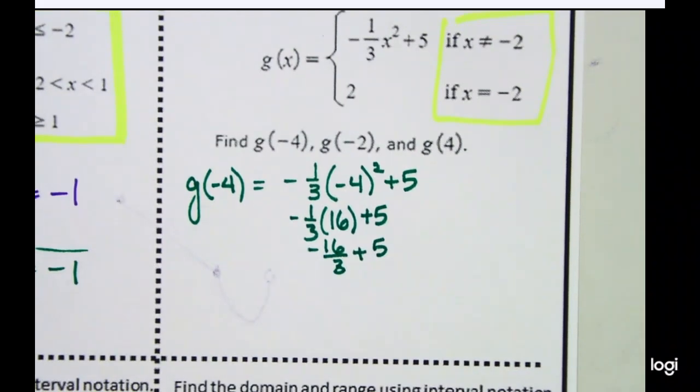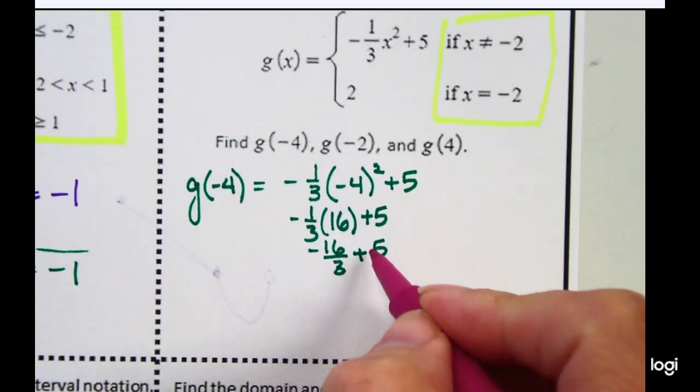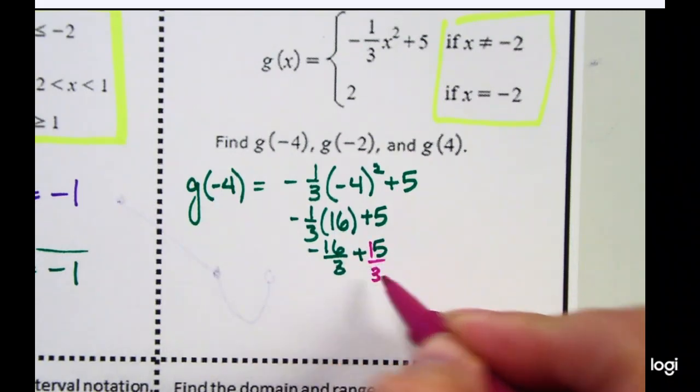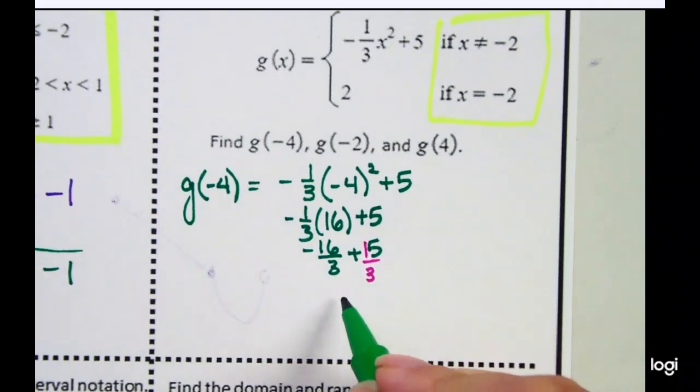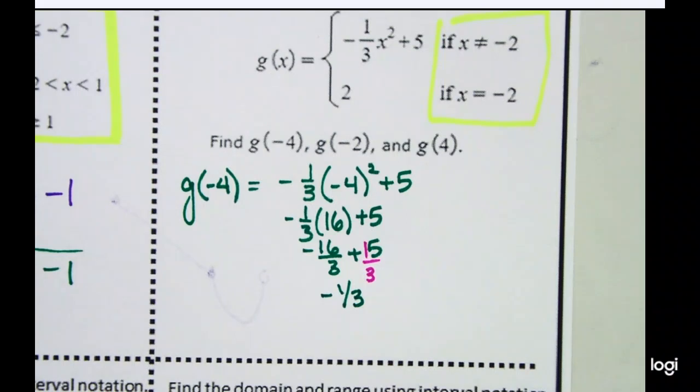I'm going to change that right now to 15/3. And that would equal then -1/3. Okay, g of -2.